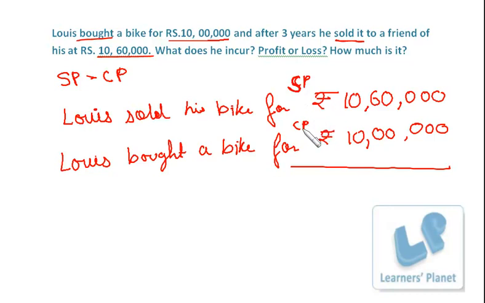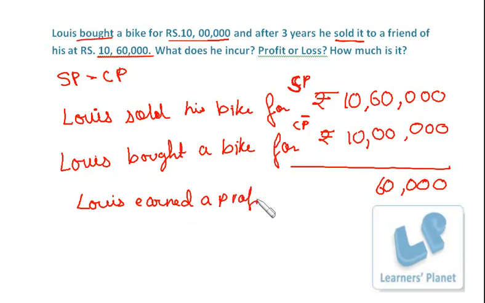Now we'll subtract CP from SP. So there's a negative sign and we get positive 60,000. So the last statement will be: Louis earned a profit of rupees 60,000.